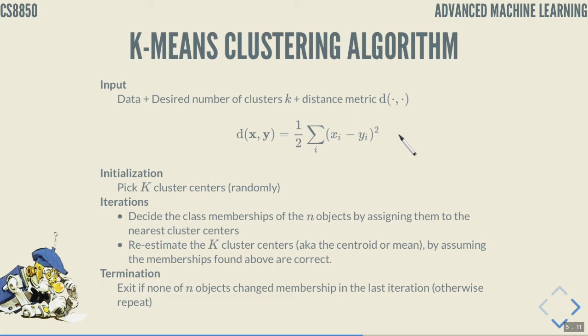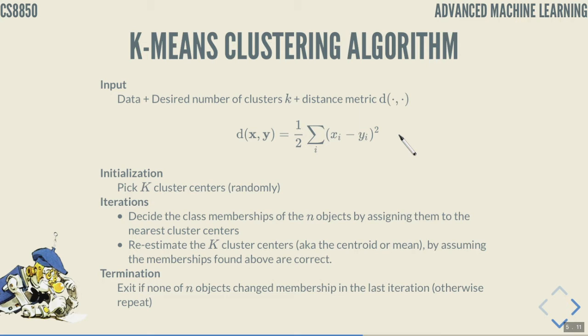So then initialization is the only step: randomly pick centers of the K clusters. Then iteration proceeds as follows. First, decide the class membership of n objects by assigning them to the nearest cluster center.